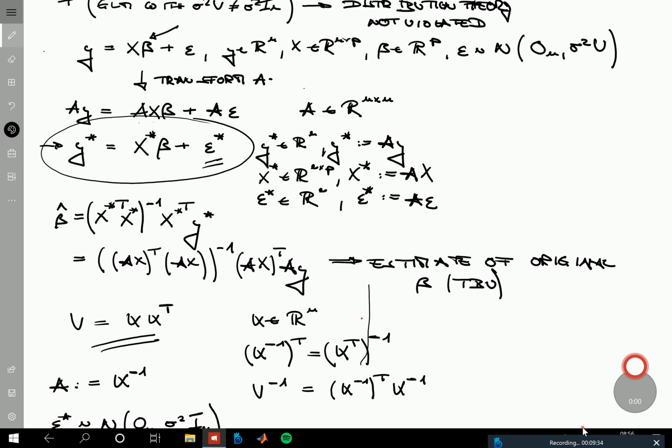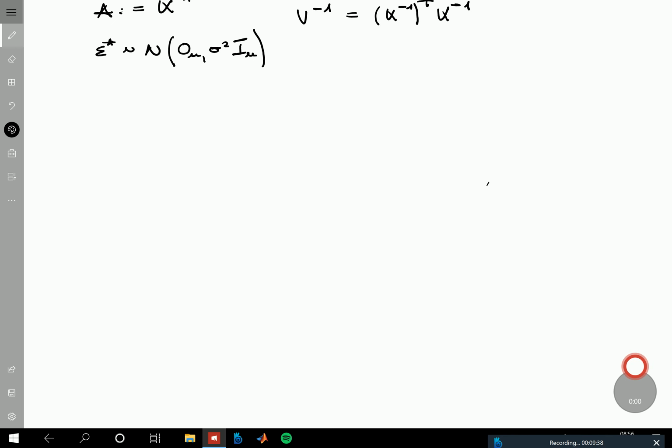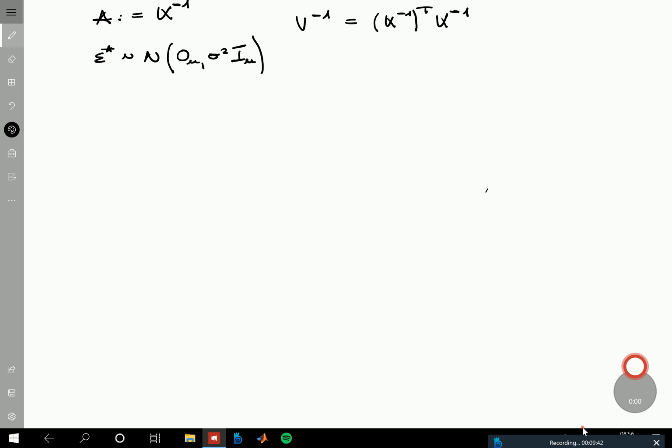So essentially we need to transform the distribution of the original errors under the multiple K minus 1.